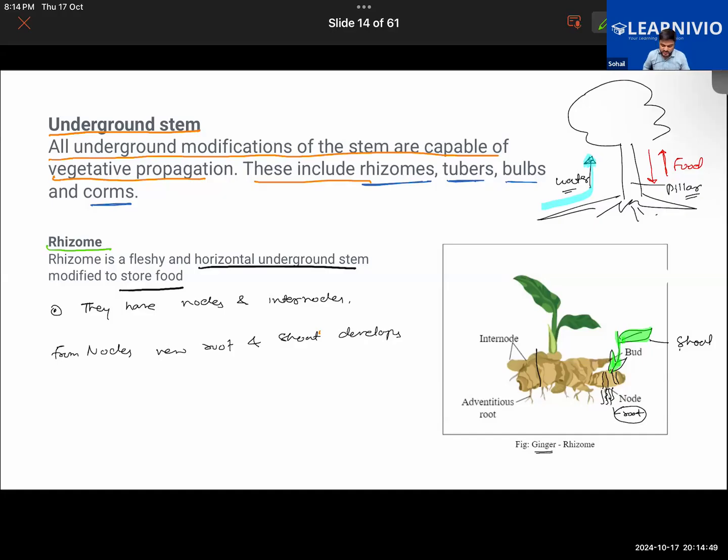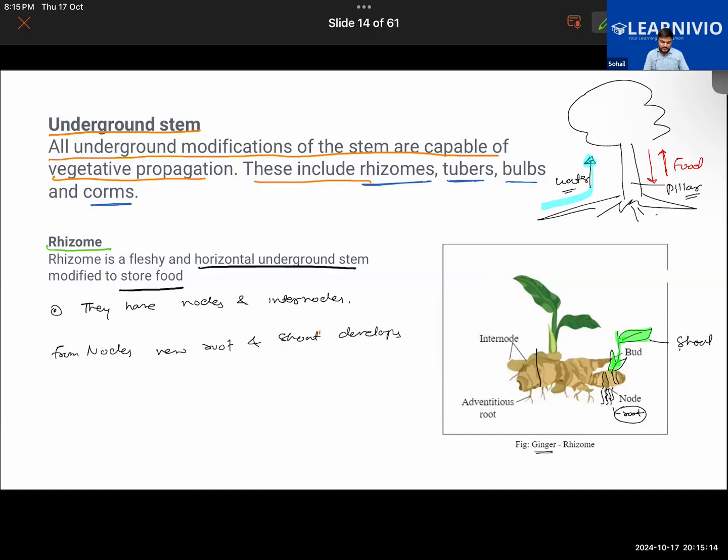So these rhizomes which we have learned about, do they grow parallel or do they grow vertically to the soil surface? Sir, parallel. Parallel. Okay. So the root and the shoot will be emerging from which part of the rhizome?